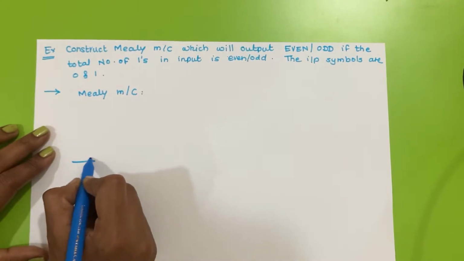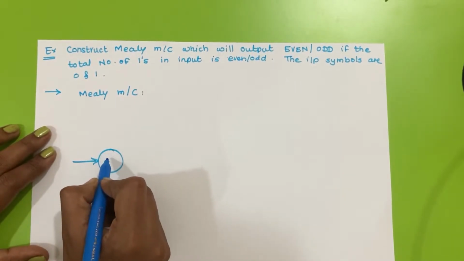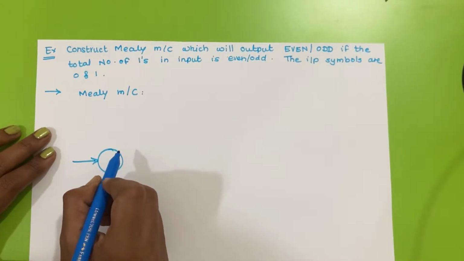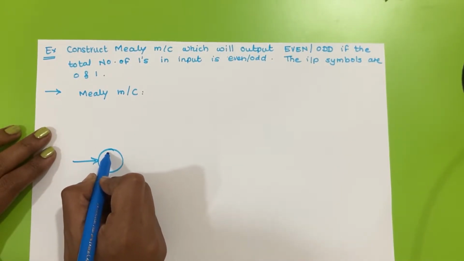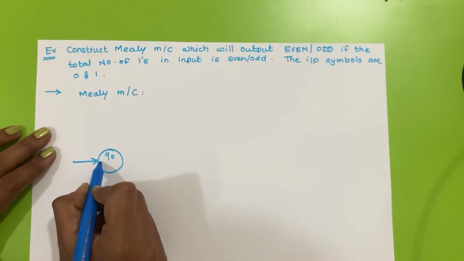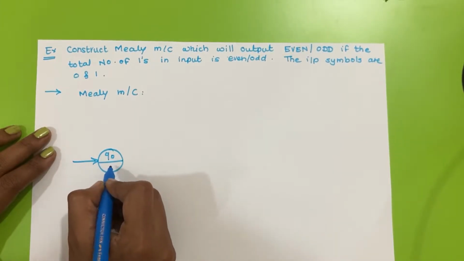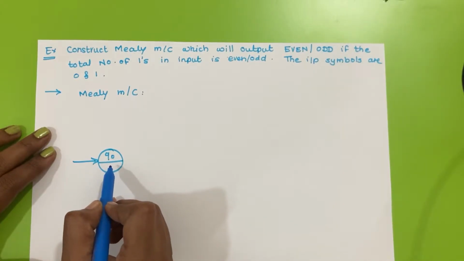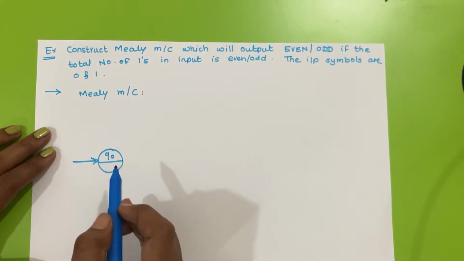We will start with the even cycle and odd cycle diagram, which is already covered in DFA construction. So this will be our zeroth state, meaning 0 is considered in even places.